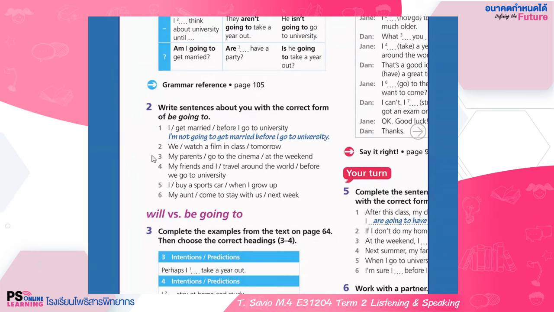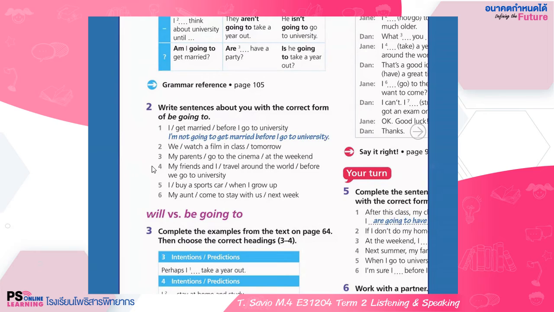Number 3. My parents go to the cinema at the weekend. The affirmative form will be, my parents are going to go to the cinema at the weekend. And the negative form will be, my parents aren't going to go to the cinema at the weekend.